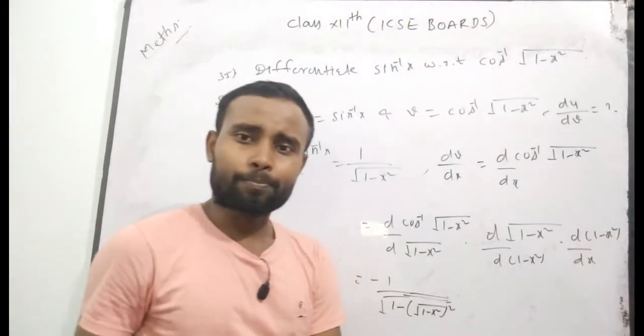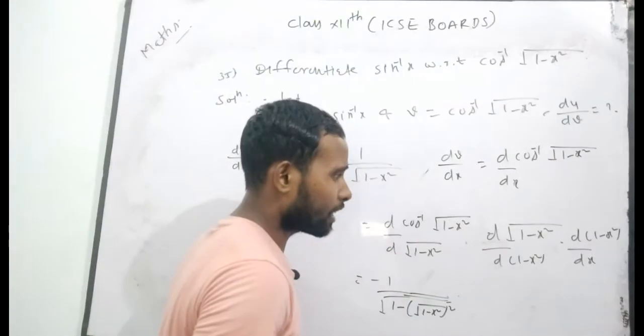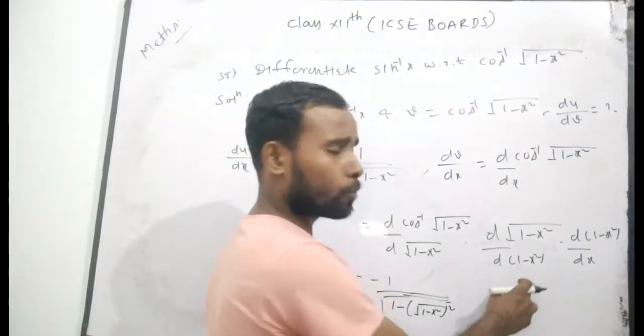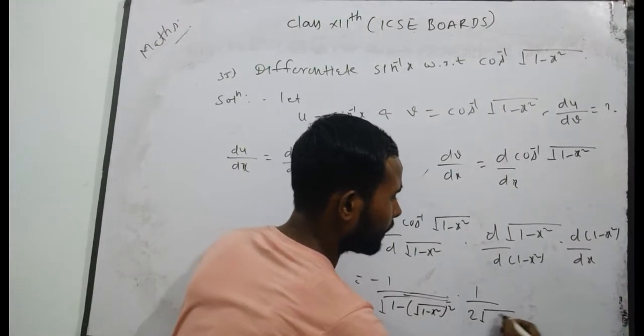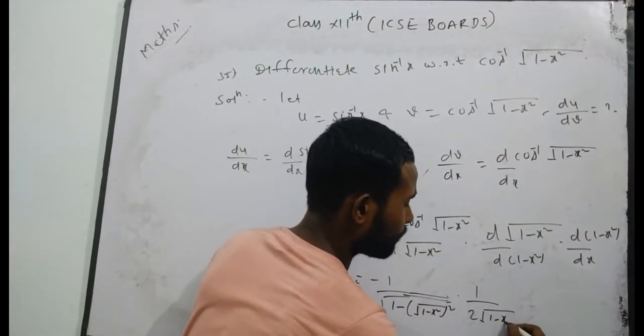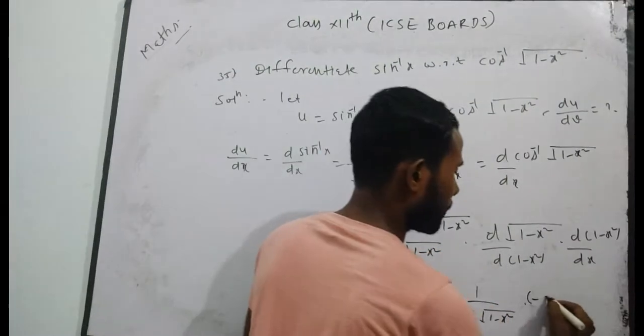In that case, under root p with respect to p will be 1 upon 2 root p. So it will be 1 upon 2 root under 1 minus x square, into the derivative of minus x square with respect to x, which will be minus 2x.